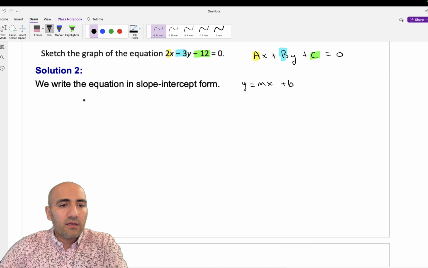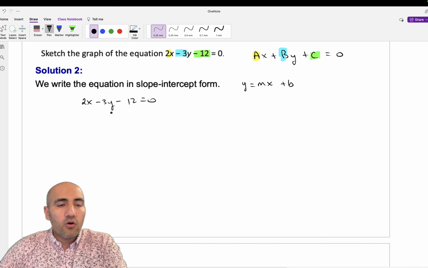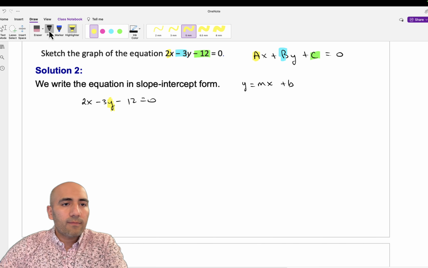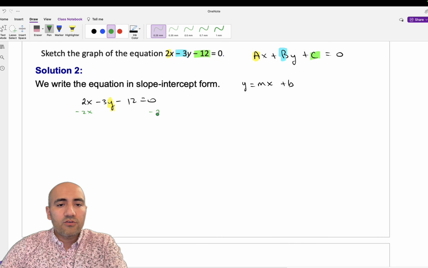All right, so let's work with 2x minus 3y minus 12 equals 0. Our goal is to isolate the y, solve for y. So I'm going to subtract 2x from this side, subtract 2x on the other side, and I'm also going to add 12 to this side and add 12 to that side.